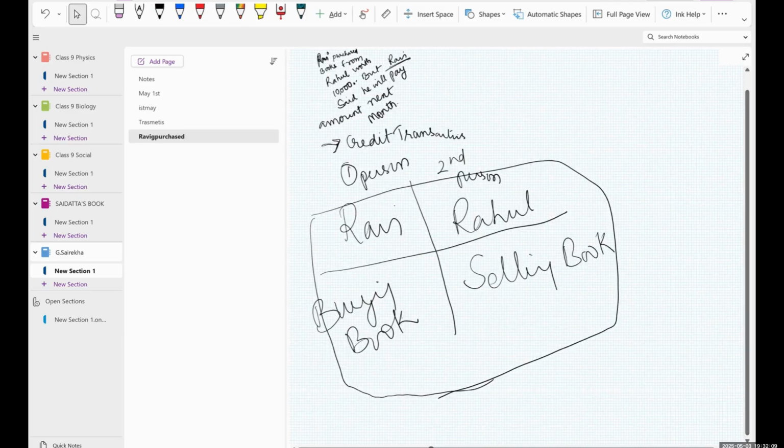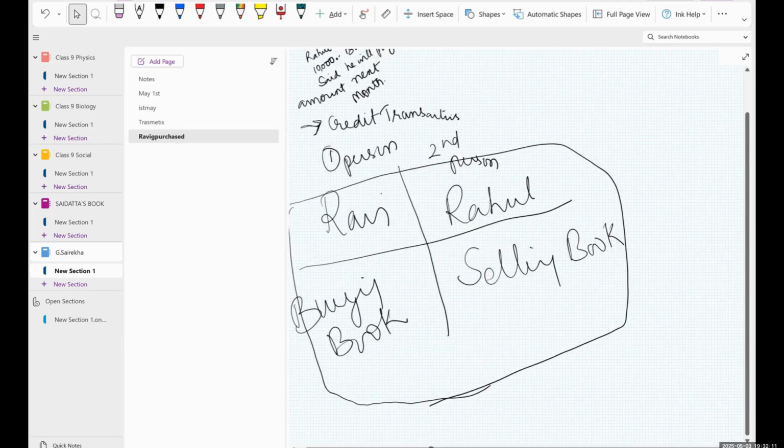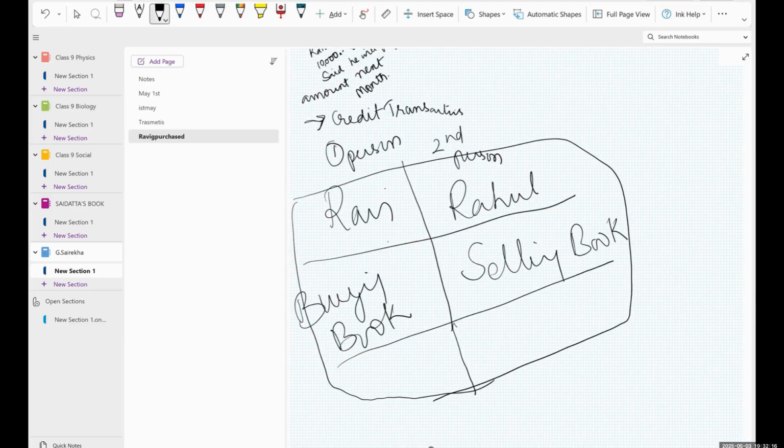Okay. Now two persons are there, Ravi and Rahul. Rahul is selling the book and Ravi is buying the book. But did Ravi pay the amount? No, ma'am. He will pay next month.